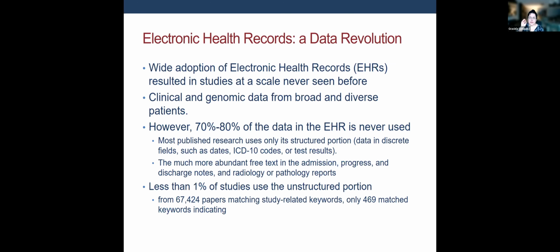We were running a search on bias in gender-specific outcomes found from EHR data. From 67,000 papers that matched the study-related keywords, to scope it down, these were studies that found gender-specific outcomes.